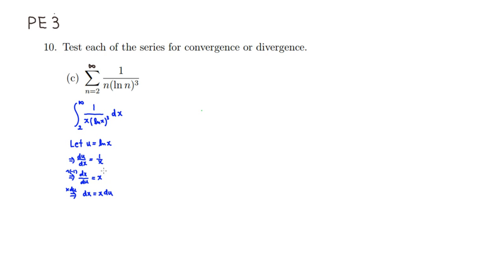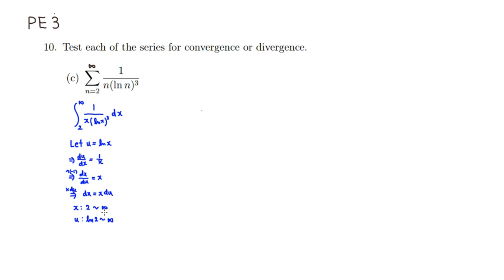Then we have to convert the limits. x is initially going from 2 to infinity, so you have to convert it to the corresponding u value. u is natural log of x, so when x is 2, it's natural log of 2. Natural log of infinity is still infinity.